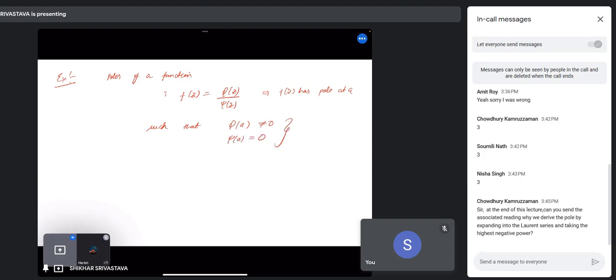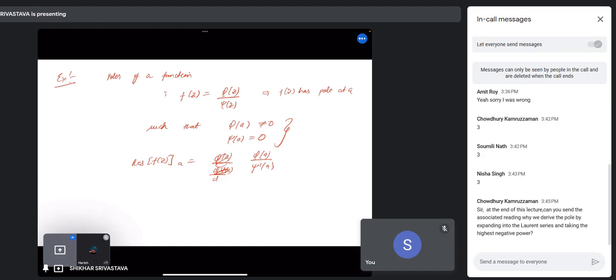In that case, if you need to find the residue of the function, it will be given by phi of a upon psi dash of a.